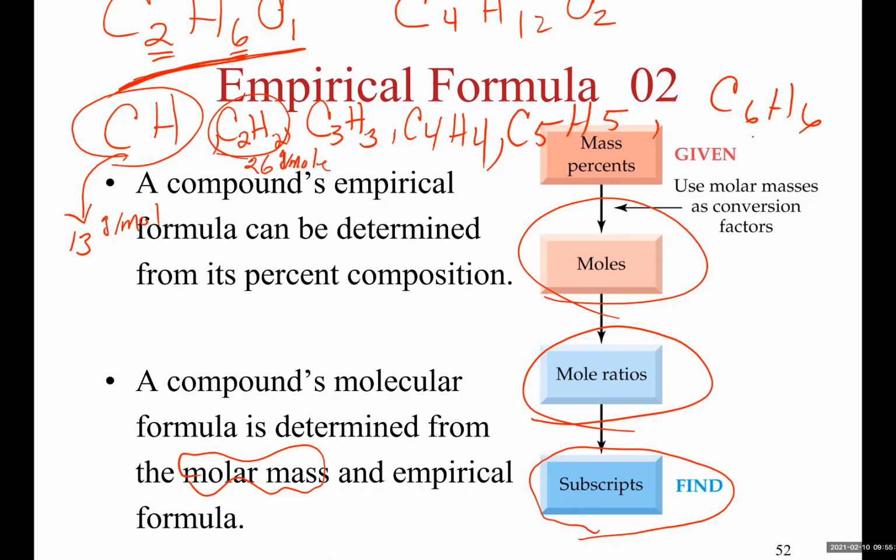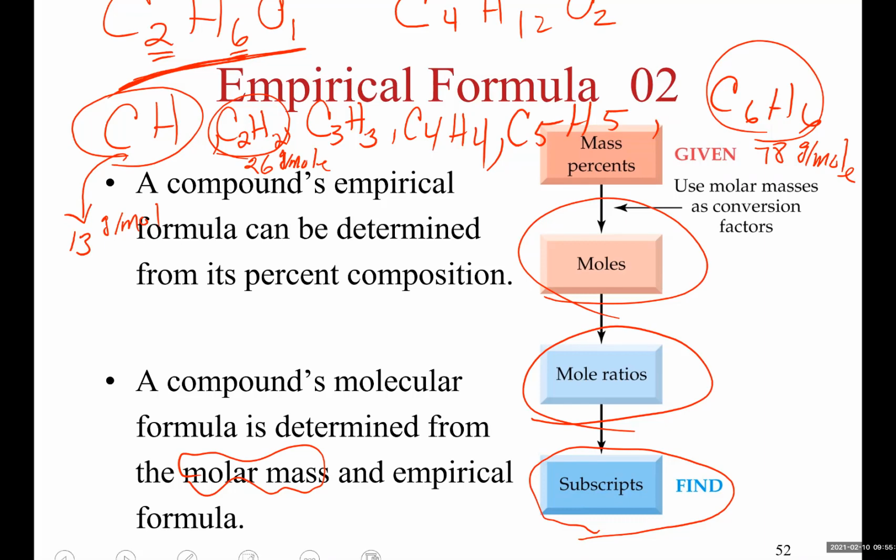So on and so forth. If this is the one, the molar mass is 78 grams per mole. In other words, in order to decide between all these formulas going from CH to C6H6, which one is the real formula?